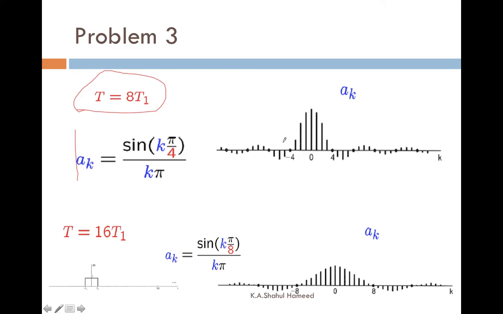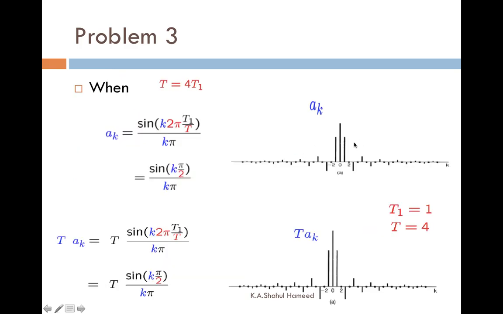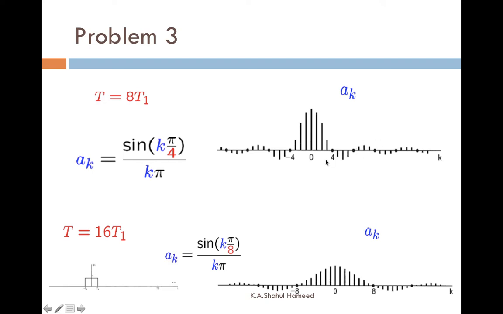Just see this. When k is between minus 4 and plus 4, the coefficient value is positive, and subsequently when you increase the value of k, the coefficient value becomes negative and positive, and so on. It's something like a sine waveform. Also, comparing the previous waveform and this waveform, the number of coefficients has increased.